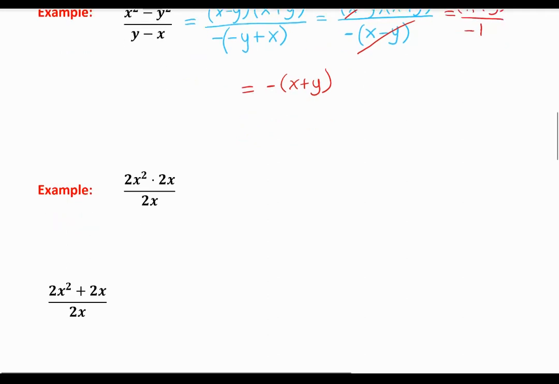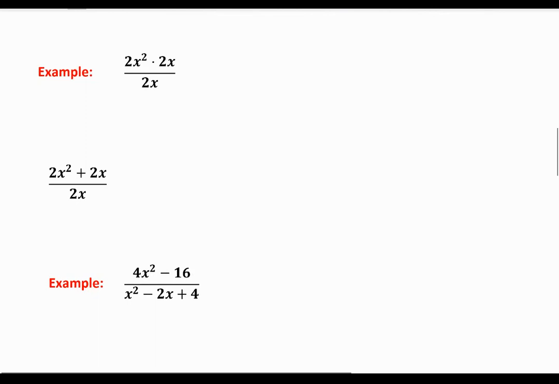Okay, let's see another example. This example looks like the previous one. There's only one difference: here multiplication, here addition. If we have multiplication like that, our job is easy. I will cancel this and this, so I will get 2x squared.